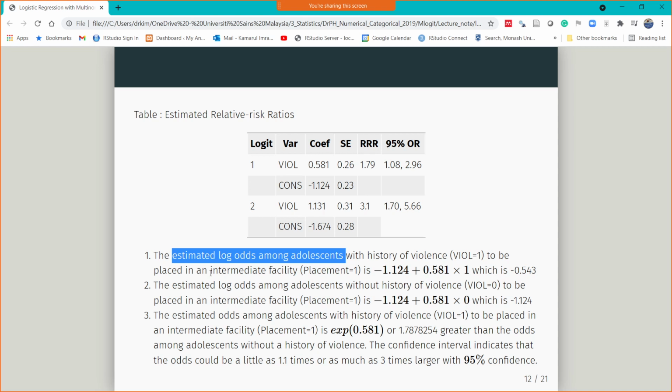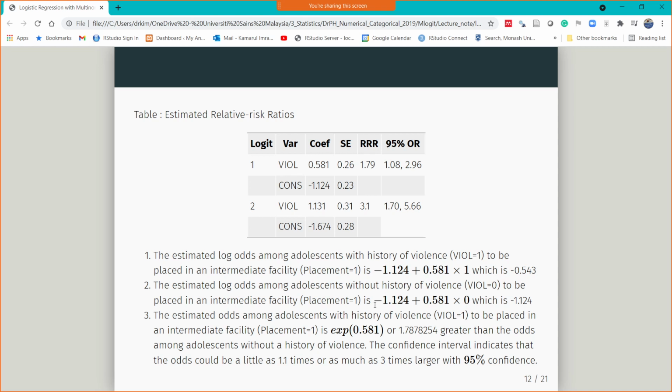You have adolescents with problems, so they are looking at what factors affect the placement of these problematic adolescents, whether they are going to stay at an intermediate facility, or at home, or whether they will be staying at, I forgot one more.